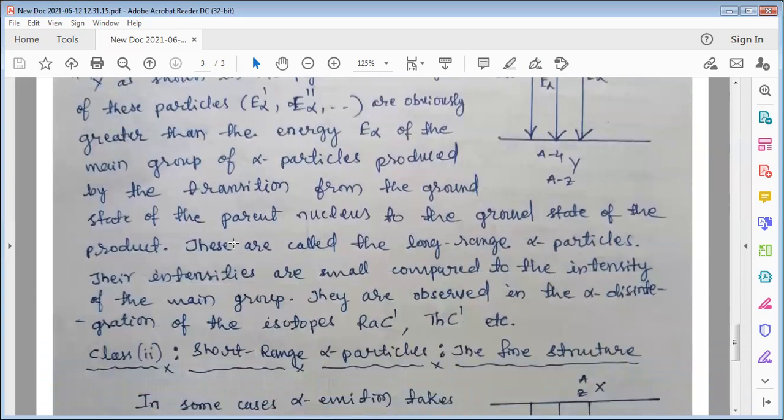And these are called the long range alpha particles. That means in this figure, E alpha dash, E alpha double dash, and so on, they are called the long range alpha particles. Their intensities are small compared to the intensity of the main group.